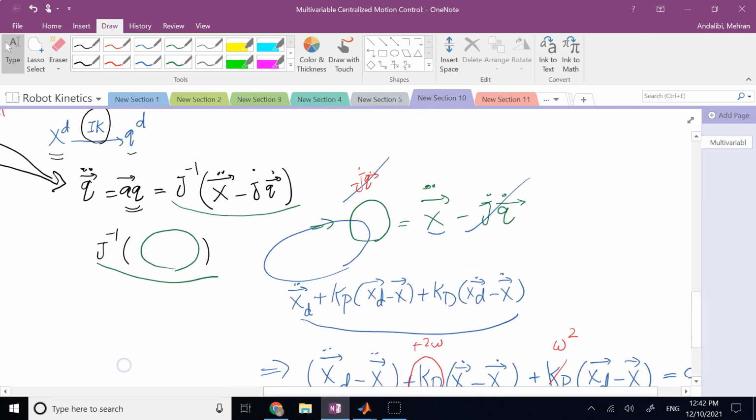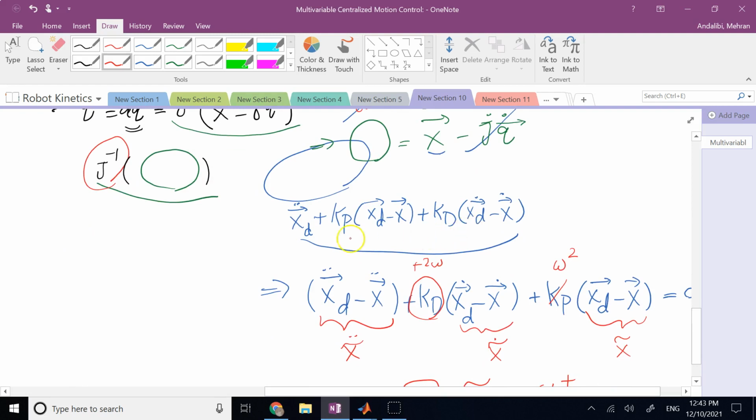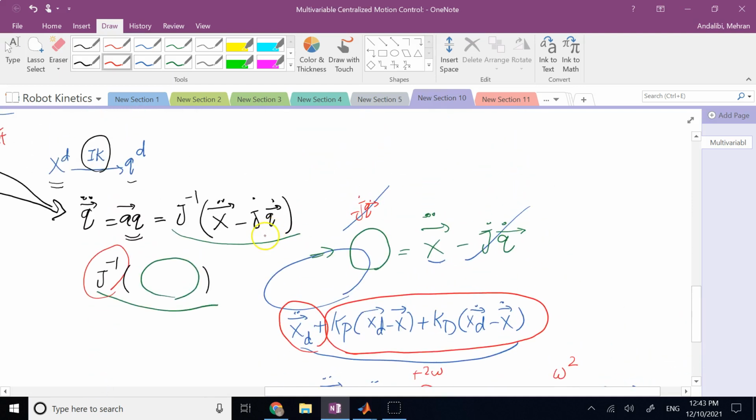Right? So you see how I formed AQ. For AQ, I needed a J inverse behind it, so those two J inverses can be cancelled. And here I assume that the J inverse can be cancelled from both sides, so J definitely should be invertible. In other words, this does not work at singularities. And then inside of it, not only do I need the feed forward term plus PD feedback term, I also need a negative J dot Q dot to cancel the other J dot Q dot.